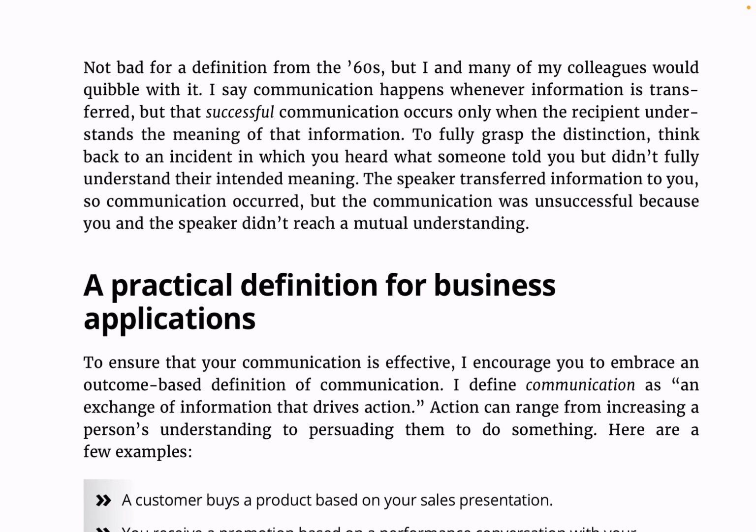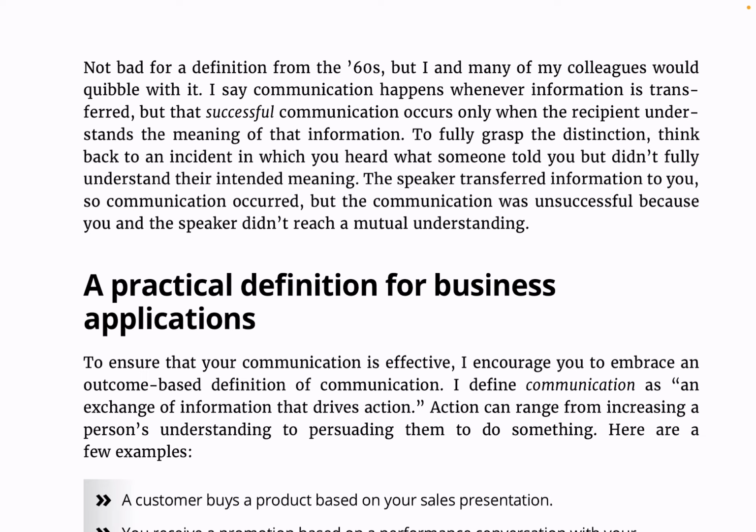Not bad for a definition from the 60s, but I and many of my colleagues would quibble with it. I say communication happens whenever information is transferred, but that successful communication occurs only when the recipient understands the meaning of that information.